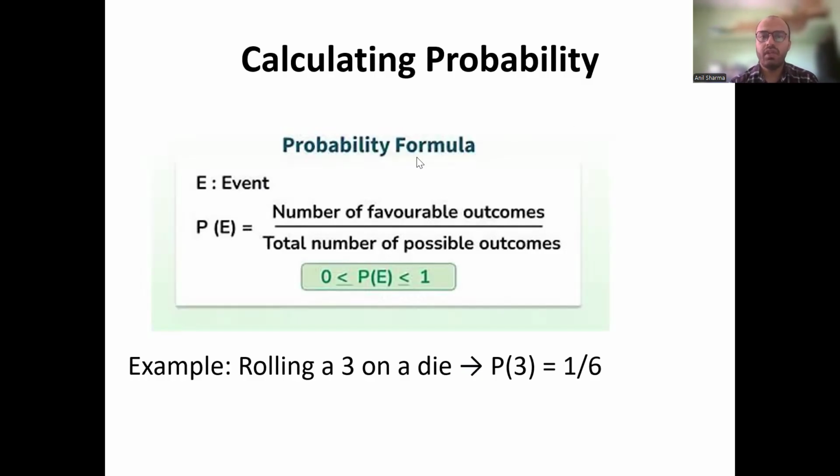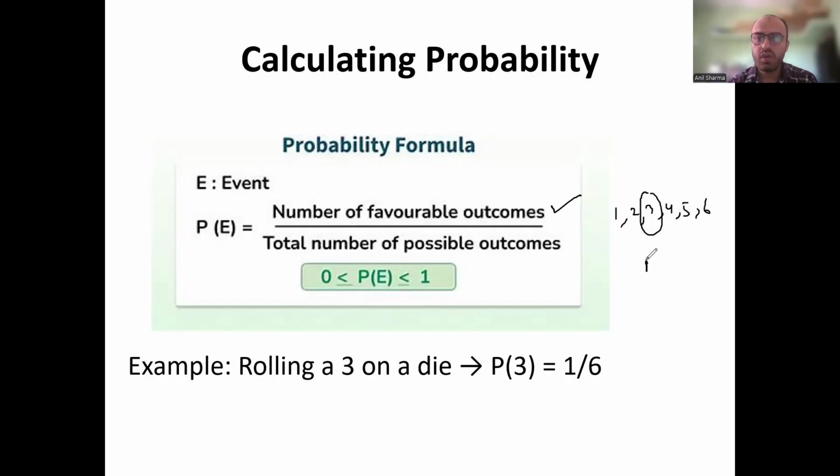Then while we are calculating the probability, the probability formula is the number of favorable outcomes divided by the total number of possible outcomes, right? Rolling a 3 on a die: in a die, we have a total of six numbers, 1, 2, 3, 4, 5, 6. Now, I have only one favorable outcome.